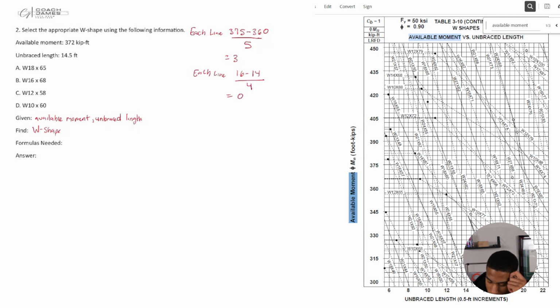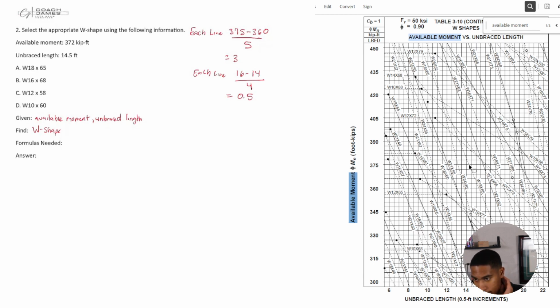Each line is equal to 0.5. Okay. So I know that 14.5, 15, 15.5, 16. Okay. So where's my 14.5 feet? All right, it's here. Okay, so we want to come up and connect right where 372 would be. And we meet right here where my marker is.